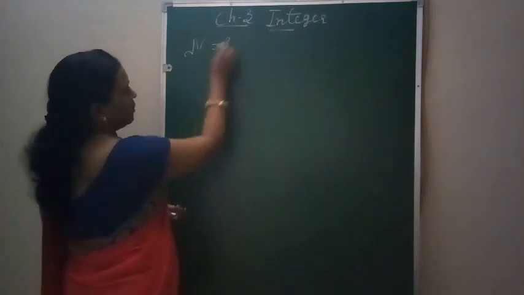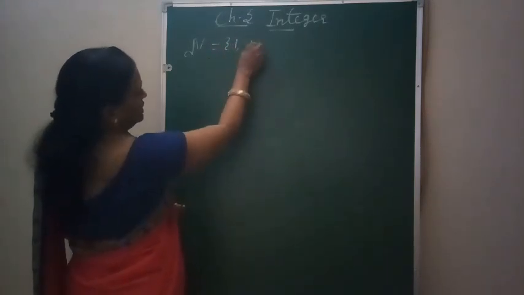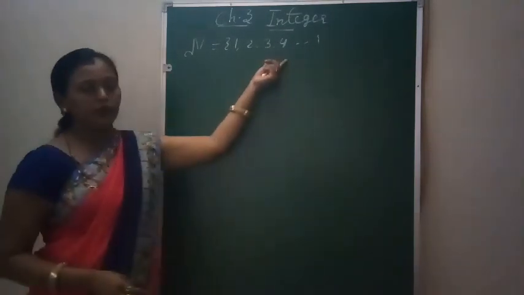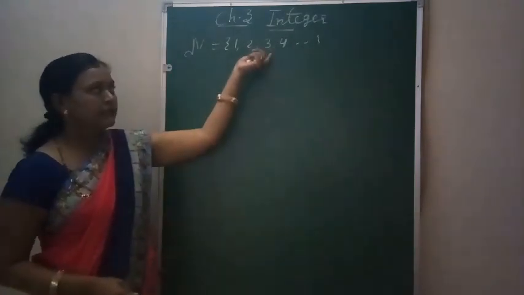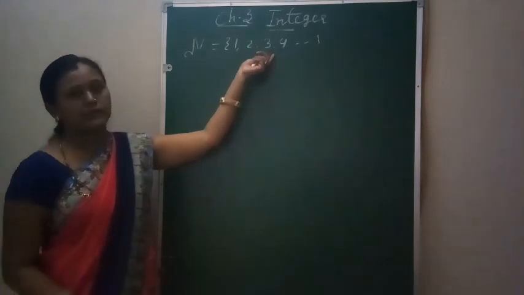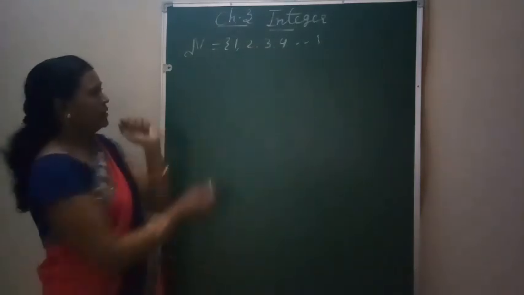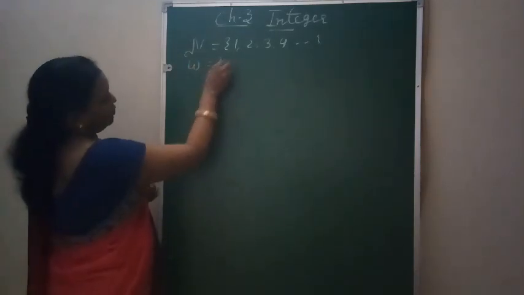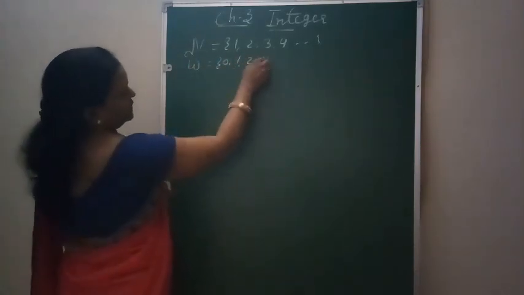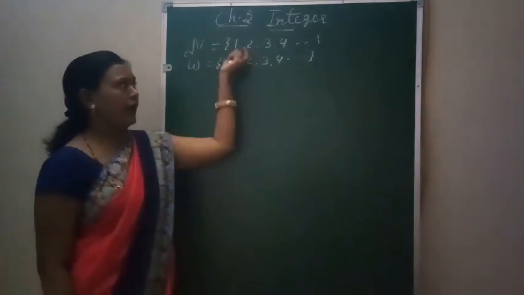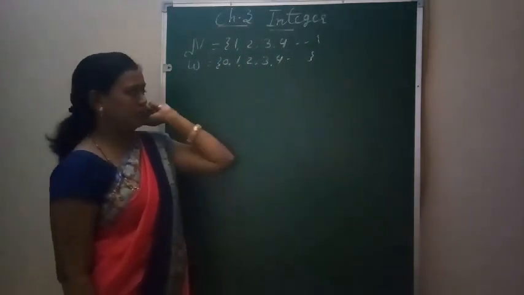Here we know about the natural numbers. Natural numbers are 1, 2, 3, 4 up to infinity. These numbers are also known as the counting numbers. Now the set of whole numbers is the combination of 0 and the natural numbers.